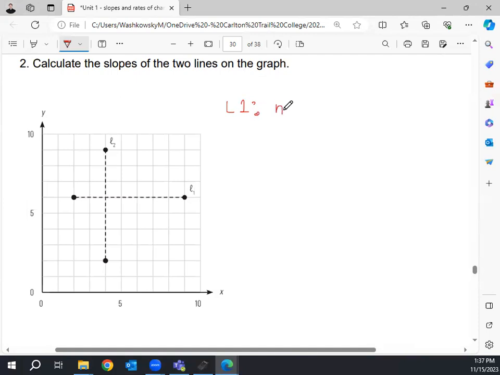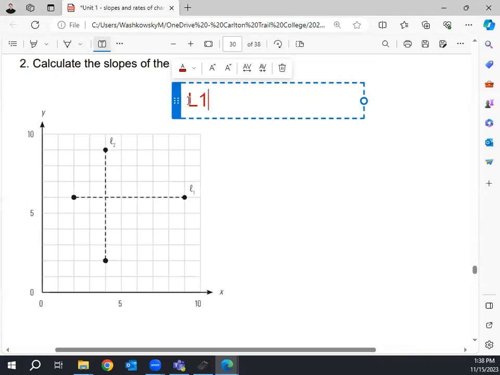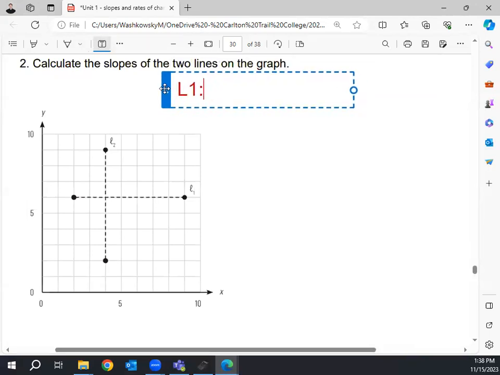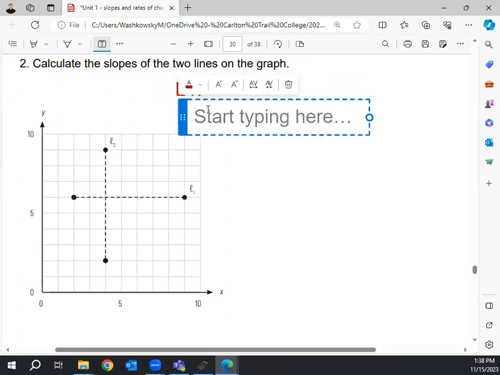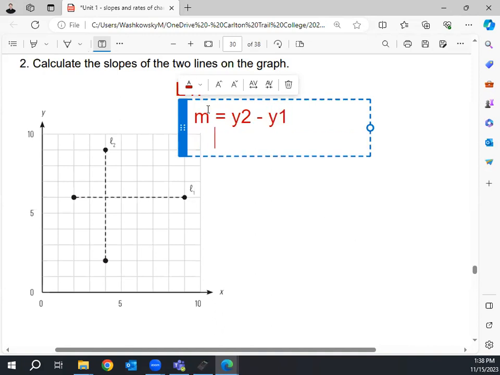So same thing, M equals, I'm going to use the text feature here to make this a little bit neater. So I'm doing line 1. M equals rise over run, y2 minus y1 all over x2 minus x1.